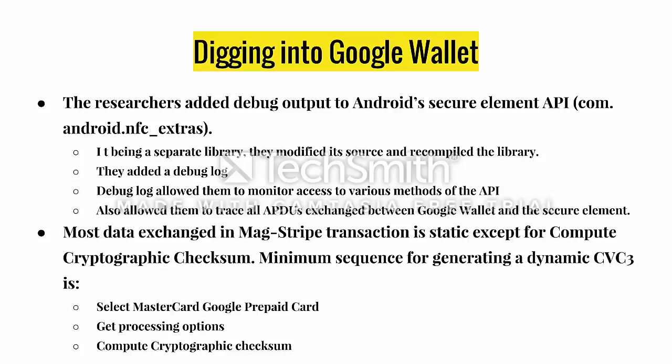Each compute cryptographic checksum command that is sent to the card must be preceded by a fresh get processing options. Thus, the minimum sequence for generating a dynamic CVC3 is: first select MasterCard, Google prepaid card, then get processing options, and finally compute cryptographic checksum.